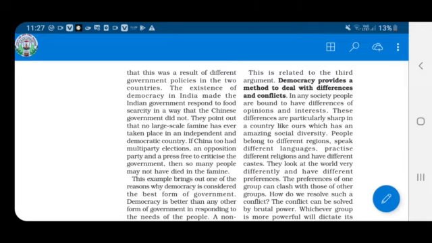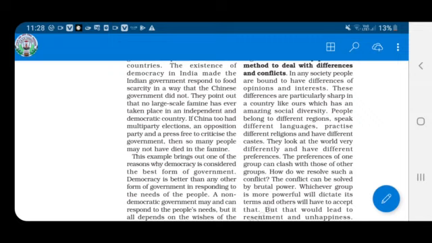People of our country belonging to different regions speak different languages, practice different religions. So, they look at the world very differently and have different preferences. Democracy provides a peaceful solution to these problems. So in a diverse country like India, democracy keeps our country together.